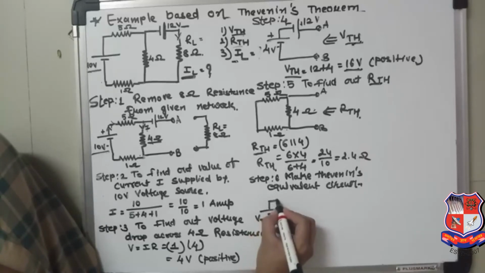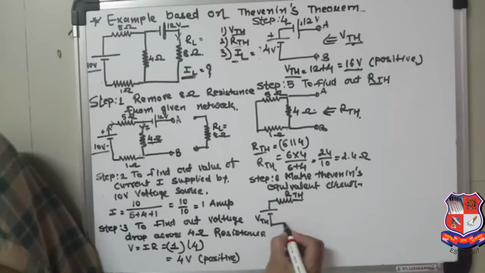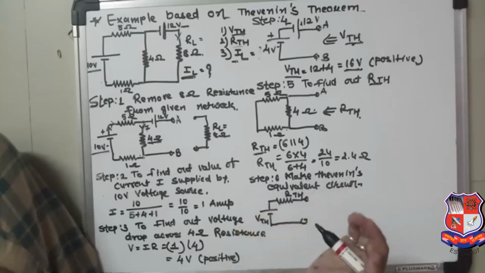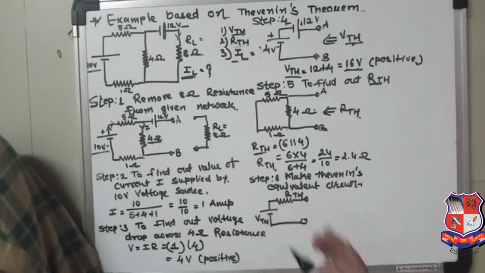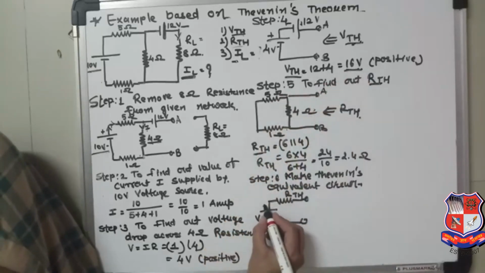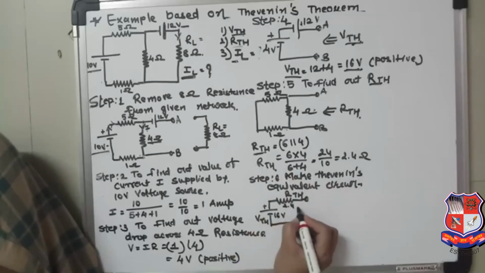VTH is connected in series with the RTH. Step number 6, make the Thevenin equivalent circuit by connecting VTH in series with the RTH. Now what is VTH? VTH is equal to 16 volt. And what is the RTH? That is 2.4 ohm.